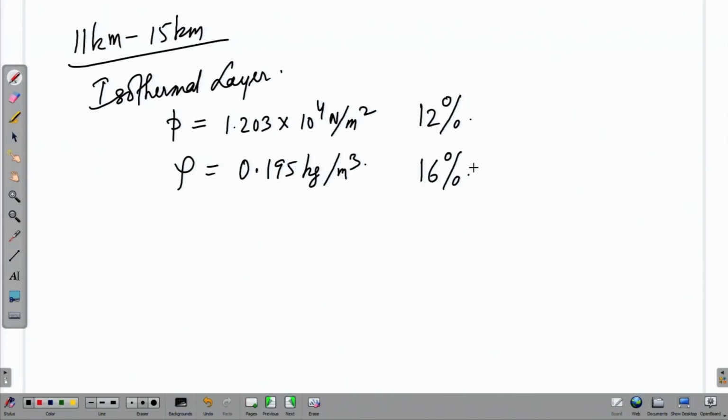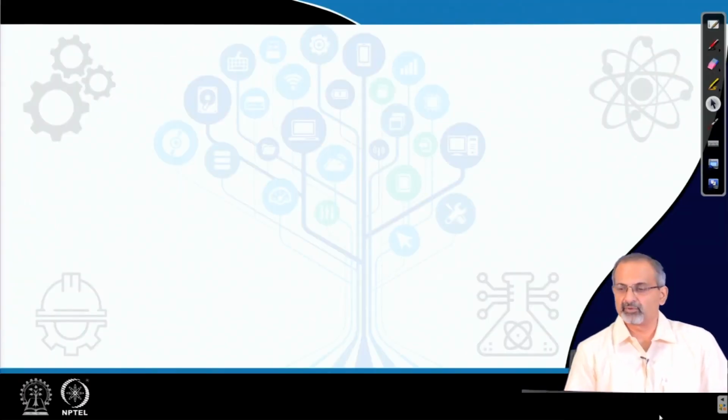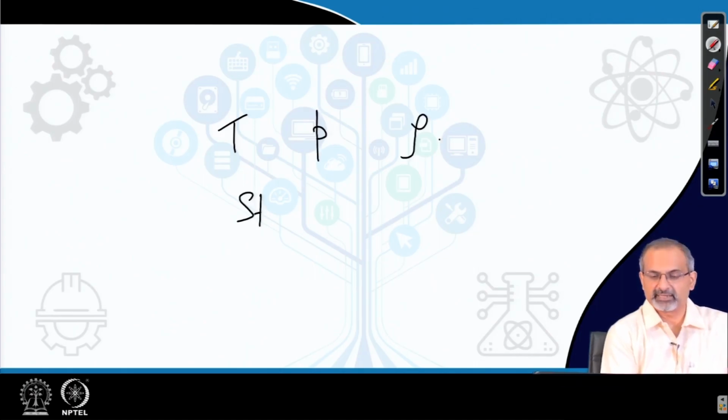So, in this manner you can go step by step covering gradient regions, isothermal regions, and moving to different altitudes, calculating the pressure and density based on the temperature variation that we have already seen in the earlier picture. So, this more or less gives you an idea about calculations involving standard atmosphere. So, you have now got to learn temperature, pressure, density variations in the standard atmosphere.